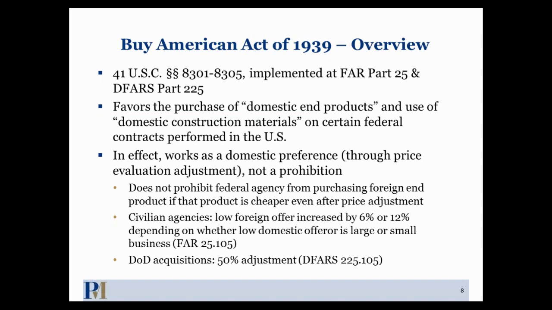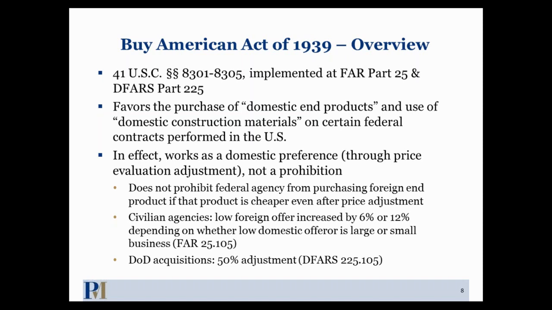There might be an exception to the Buy American Act that allows the government to acquire a foreign end product, and we'll talk about the exceptions. But just as a starting point, this is designed to encourage purchase of American-made goods, and it's essentially a preference, not a prohibition, although it could work as a prohibition, and there are some nuances there that we'll talk about.